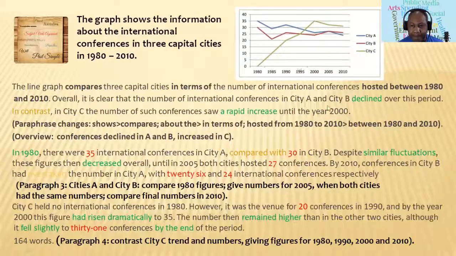By 2010, which is the end, conferences in City B had overtaken the number in City A, which is true, with 26 and 24 international conferences respectively.